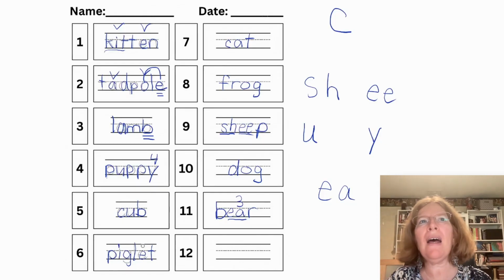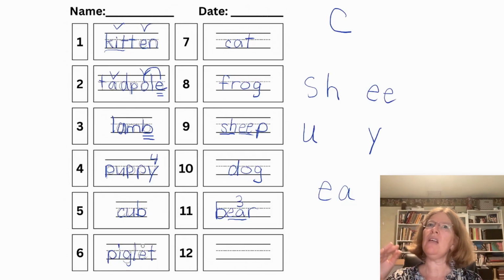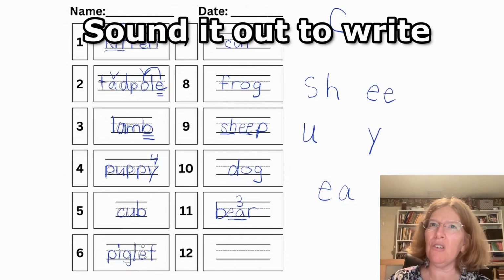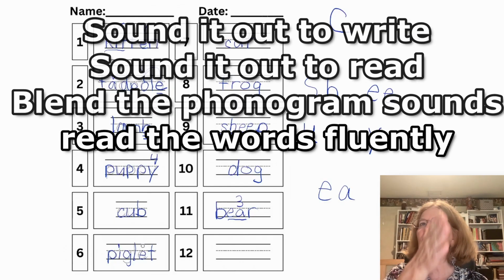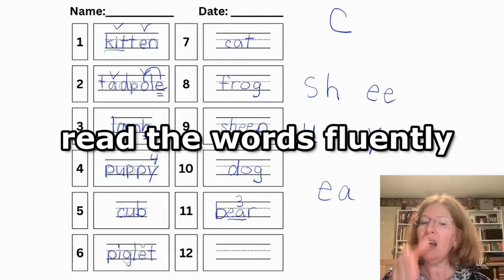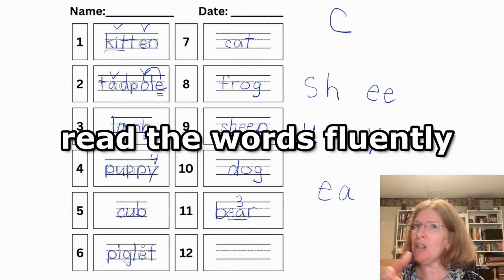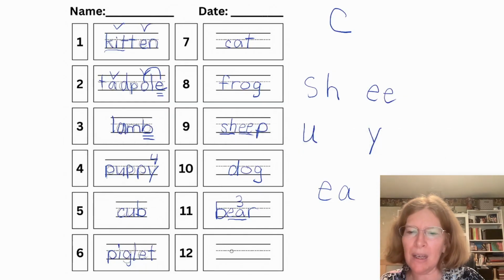We think to spell, and then we read. We sound it out to read. These are the places you blend. You blend what you've written, you blend what you read. And this is where you can make lists of words they've written and practice reading these words. And the last word is, what does a piglet grow up to be? A pig.